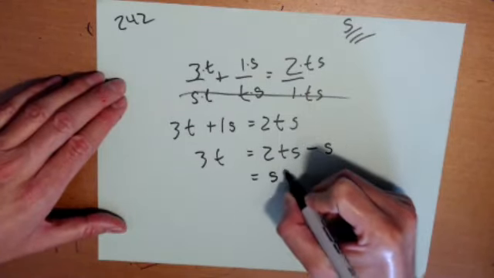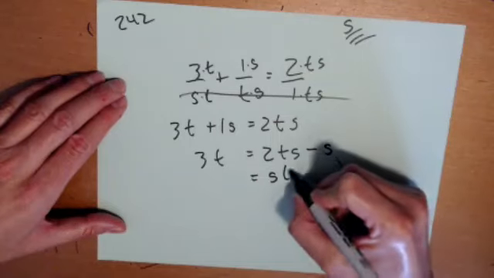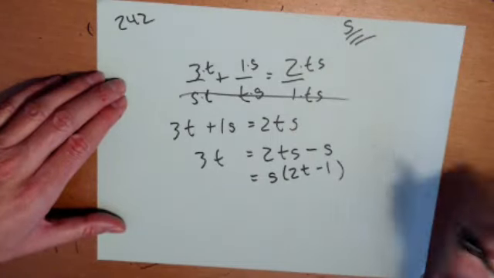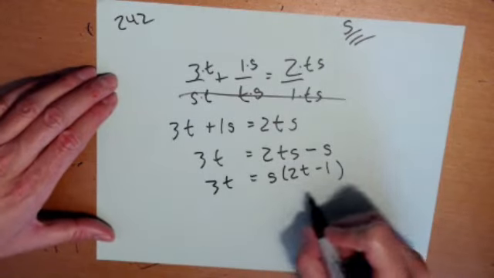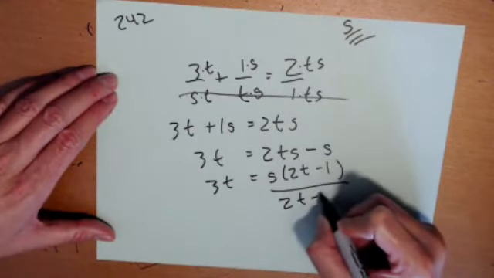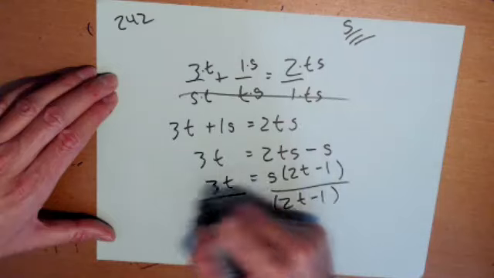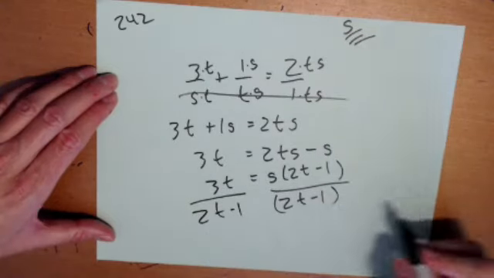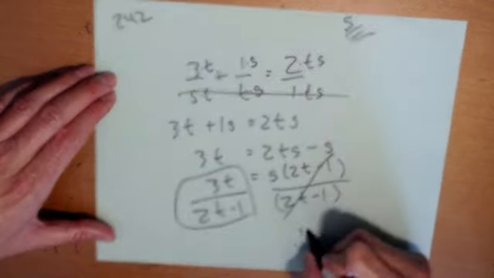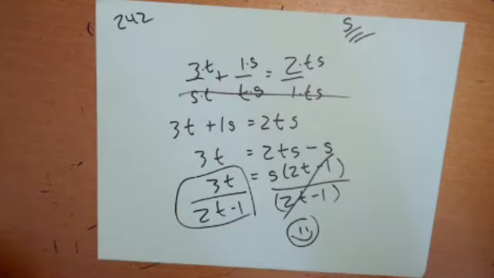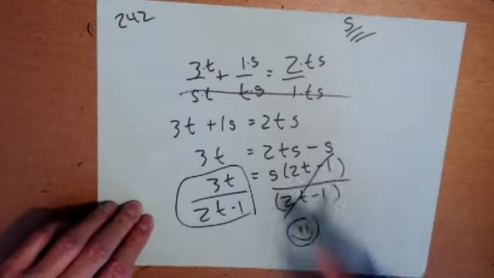What is left over? A 2t minus 1, and that's equal to 3t. We're trying to get s completely alone, so let's divide by 2t minus 1. Isn't s alone? Yeah, then we're done. So you see, it's the same sort of tricks over and over again.